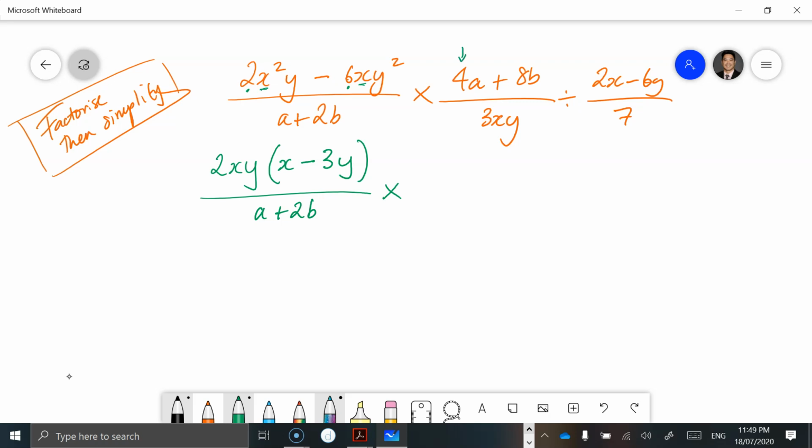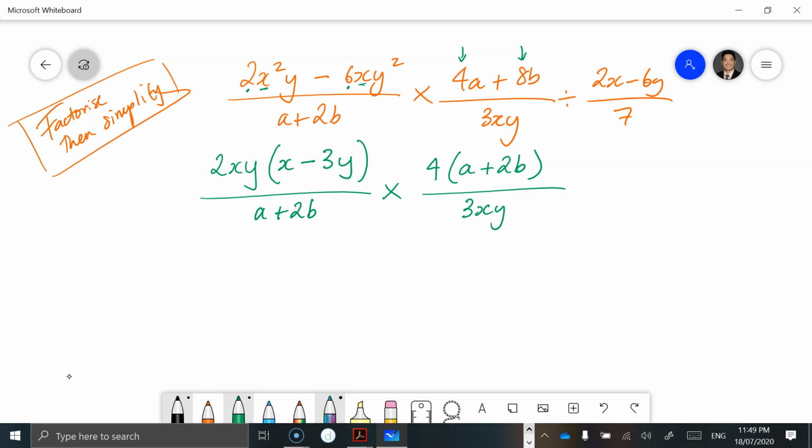So 4 and 8 have a common factor of 4. There's no letters or pronumerals that are in common. So 4a divided by 4 is a. And then 8b divided by 4 is just 2b. Again, at the bottom, 3xy, nothing to comment there, just a standalone.